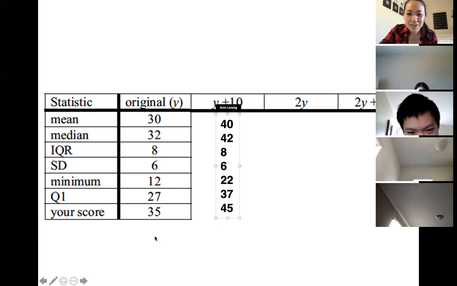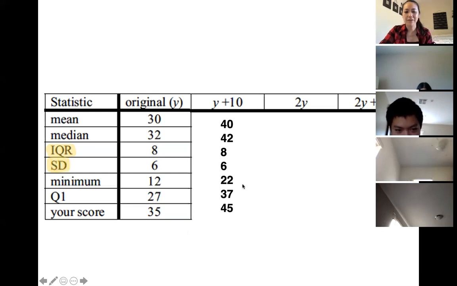All right, so sometimes what I like to do, if there's paper, it helps, is highlight the measures of spread because that tells me, ooh, be careful. Measures of spread, got to be a little more careful. All right, but everything else just gets added 10. You just add 10 to the rest.